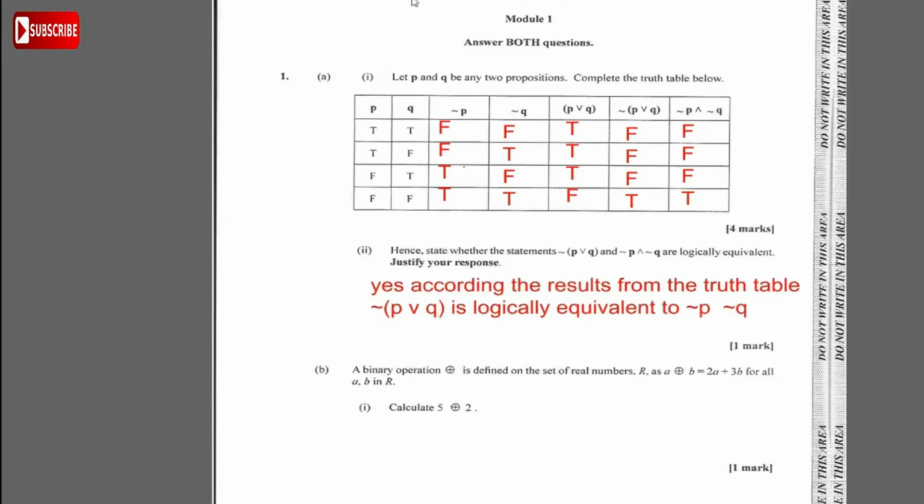Nice. Oh, I left out that 'and' right here. So they are logically equivalent since they have the same truth results here.